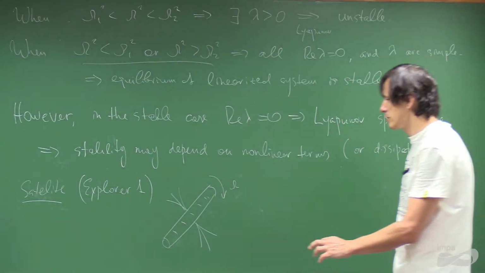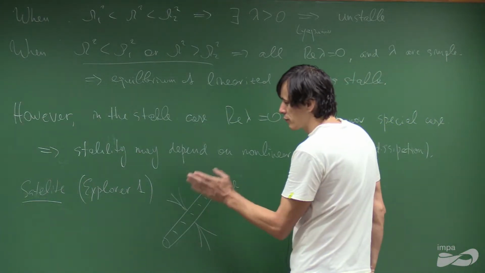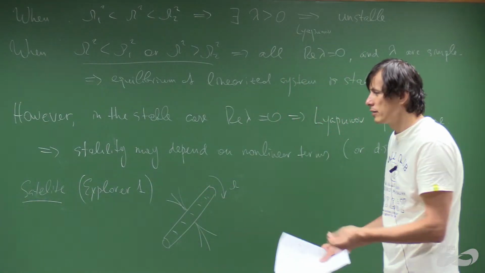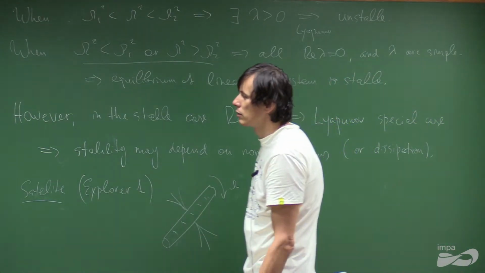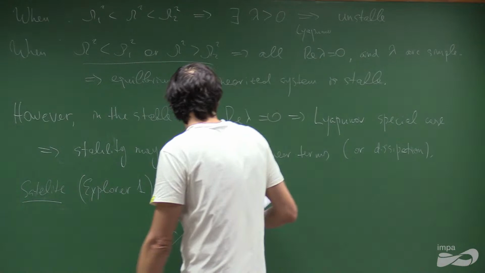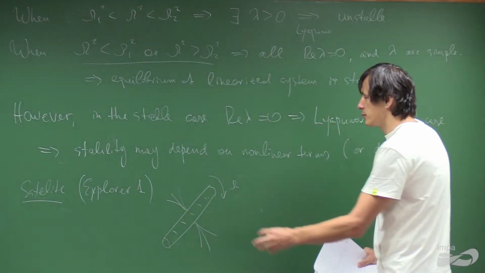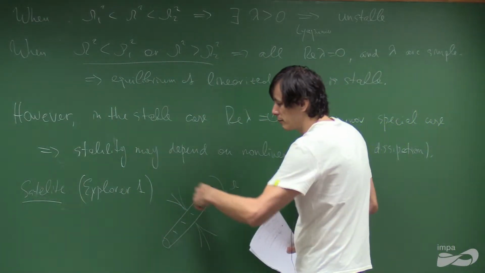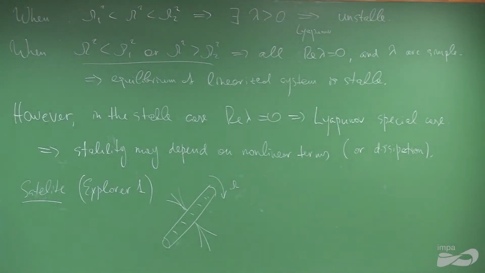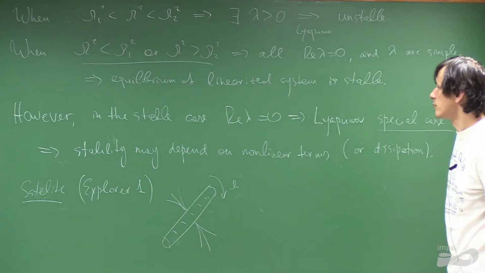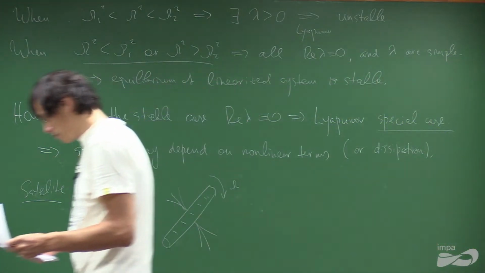There's very small dissipation because of the motion of the antenna. The antenna dissipated energy a little bit, and very small influence, because this is a Lyapunov special case, may at long time destabilize the system. So it starts to roll, and essentially it lost its stable position. That's why the Lyapunov special case is always good to remember.